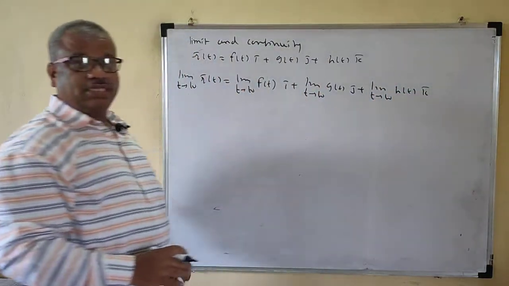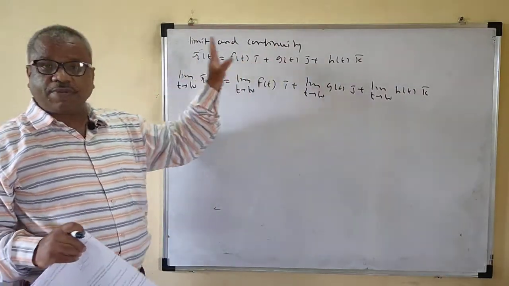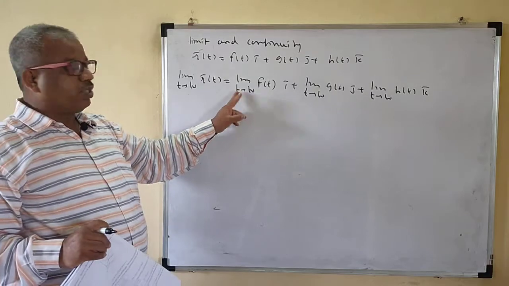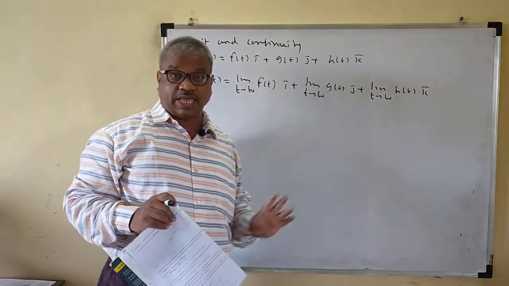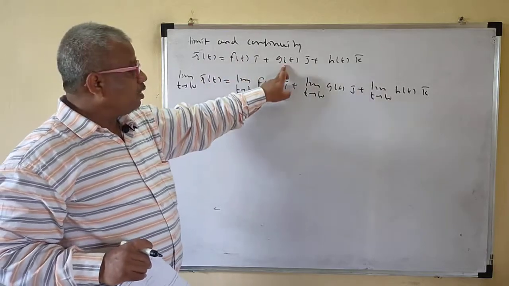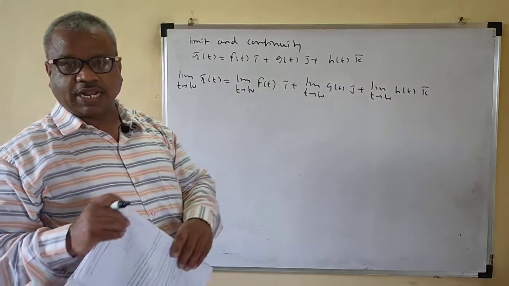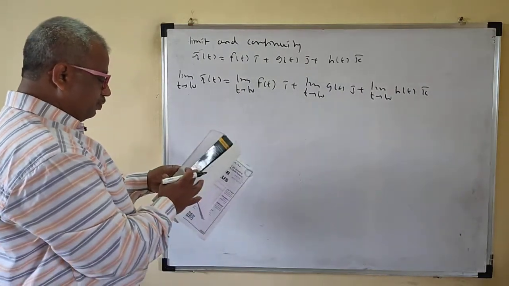That means the limit of the vector valued function exists if and only if the limit of each component exists. So the limit of r bar of t exists means the limit of f of t, limit of g of t, and limit of h of t exist. No problem for this one.